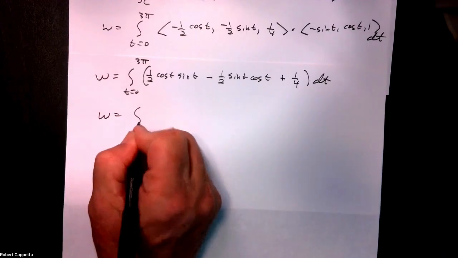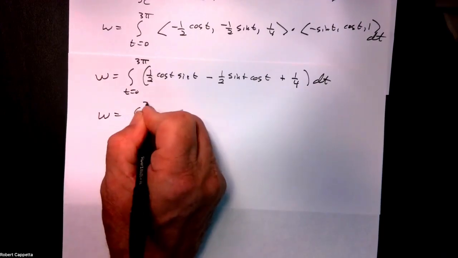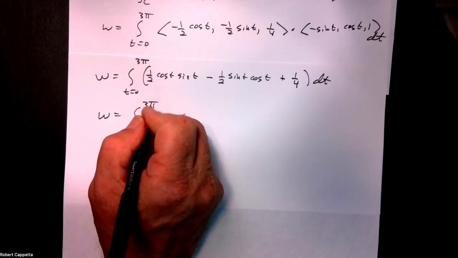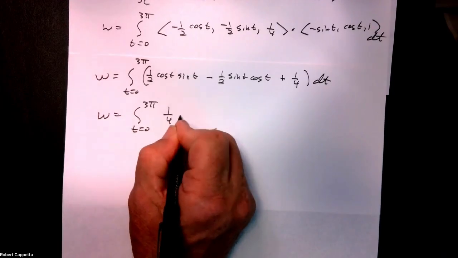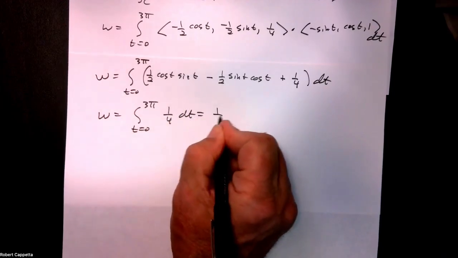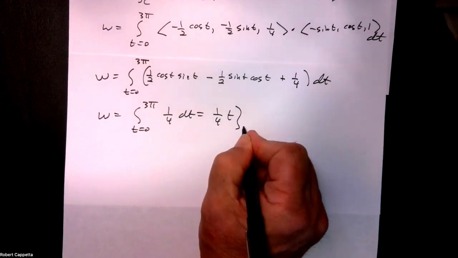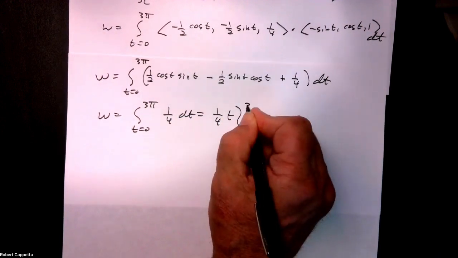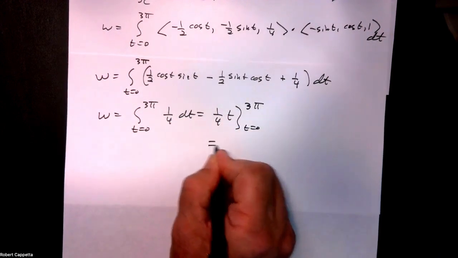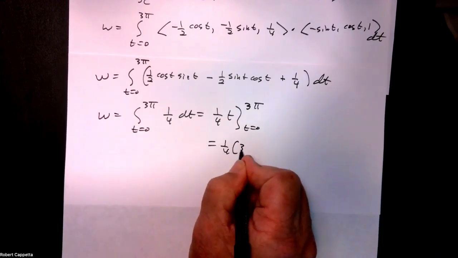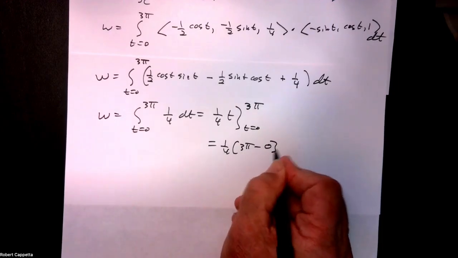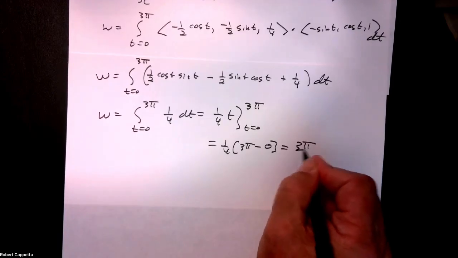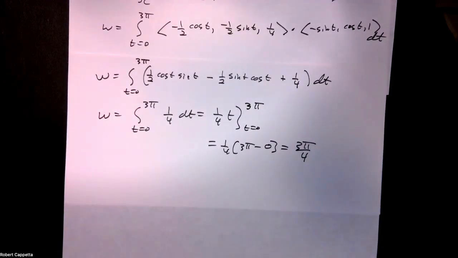So simply this becomes the integral as t goes from 0 to 3π of 1/4 dt, which is 1/4 t as t goes from 0 to 3π, which is 1/4 times 3π minus 0, which is 3π over 4. So that wasn't so bad, but we're going to show an alternate way to solve this problem.